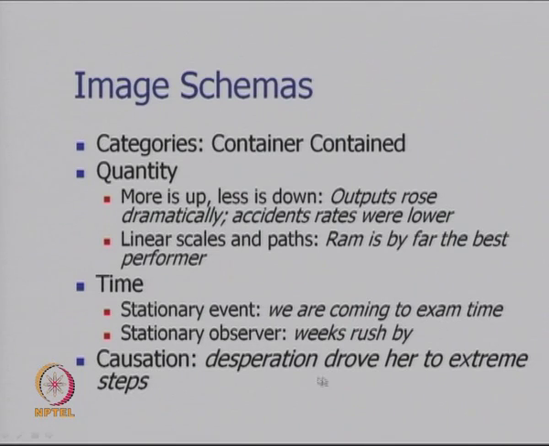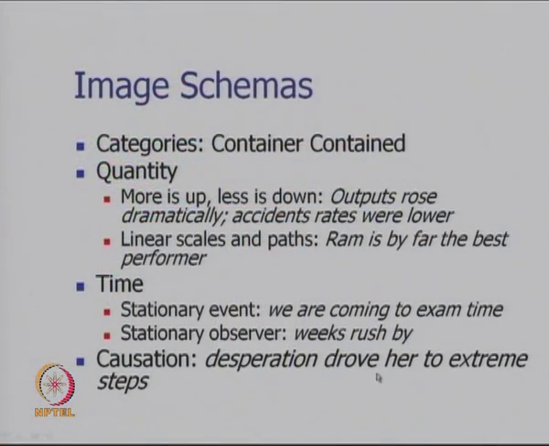Causation: desperation drove her to extreme steps. So, in expressing causation, we invoke an imagery. Desperation drove her to extreme steps, as if the image is of somebody who is running towards the precipice of a hill and jumping down out of desperation.